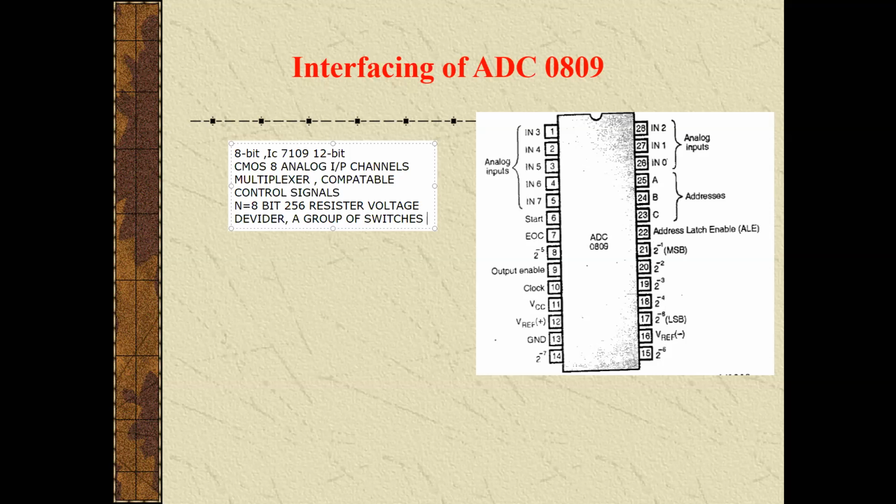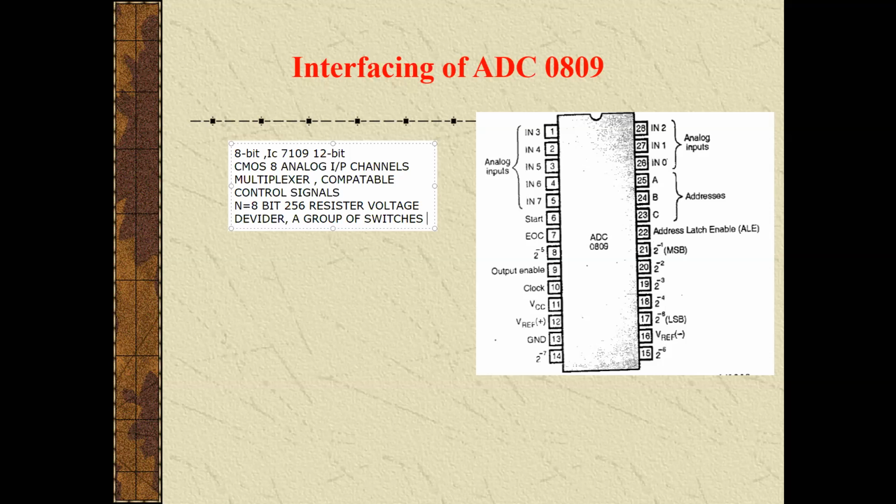See the A to D, which is 8-bit, and the similar IC of A to D, the name of the IC is 7109, is a 12-bit, but this 0809 is an 8-bit CMOS analog to digital converter having 8 analog input channels with a multiplexer.